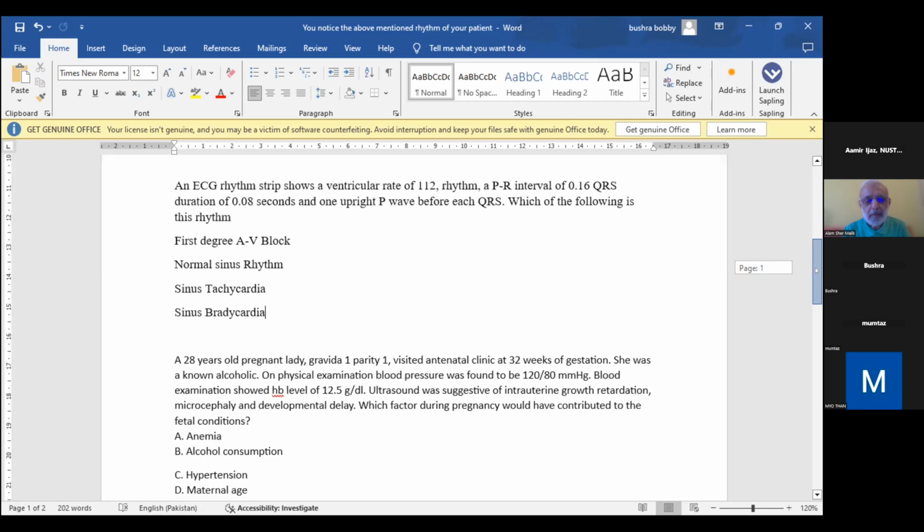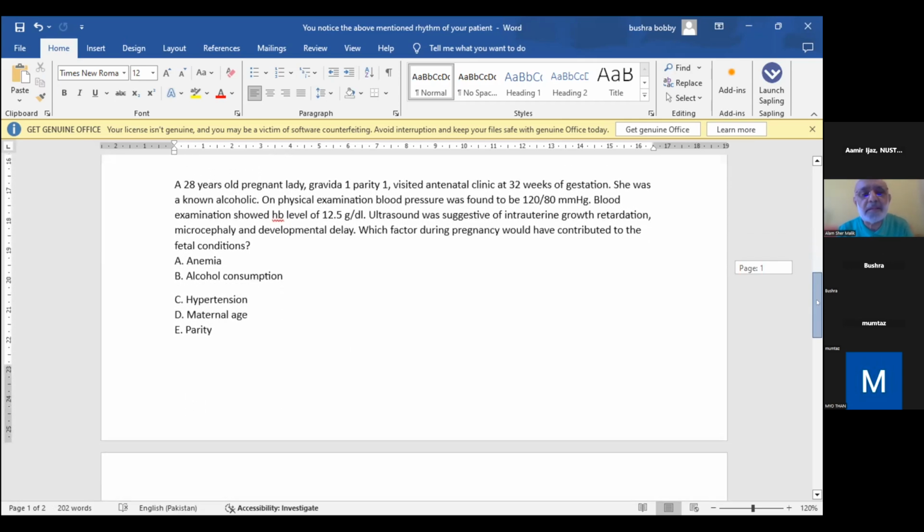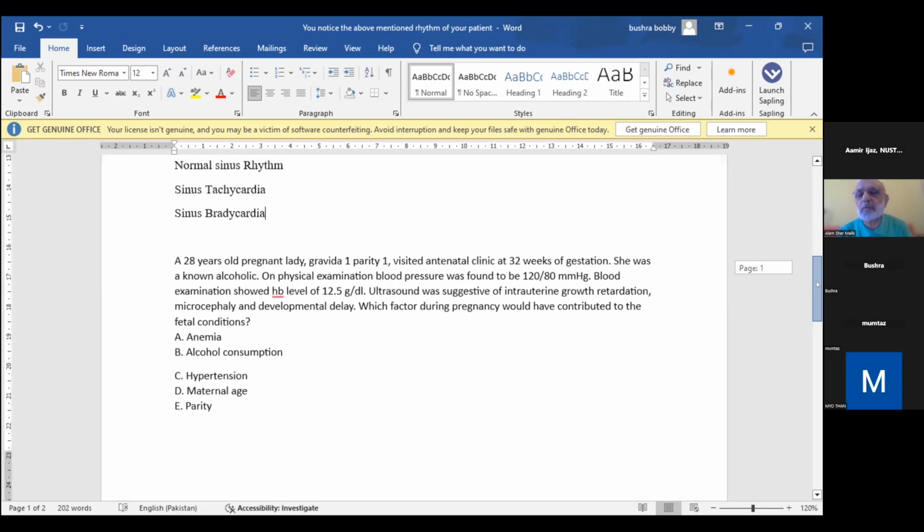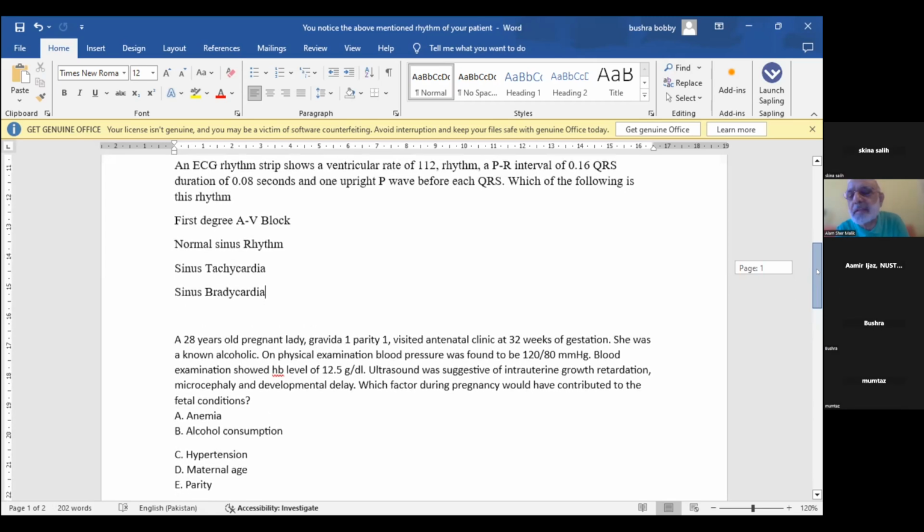I think that's an excellent suggestion, to give a scenario and then paste that ECG strip. We should not be interpreting data for the students. They should interpret it themselves.